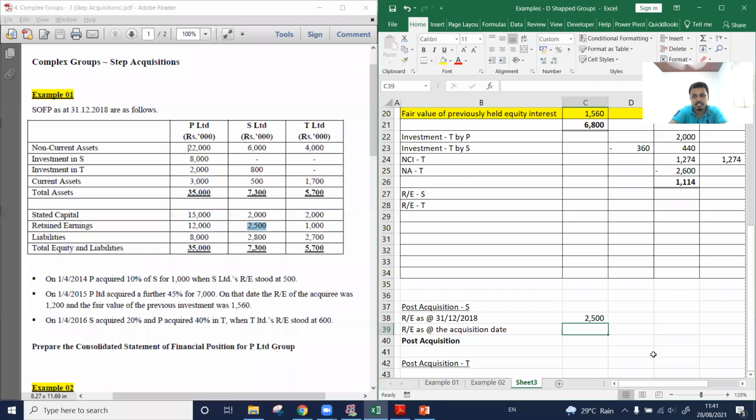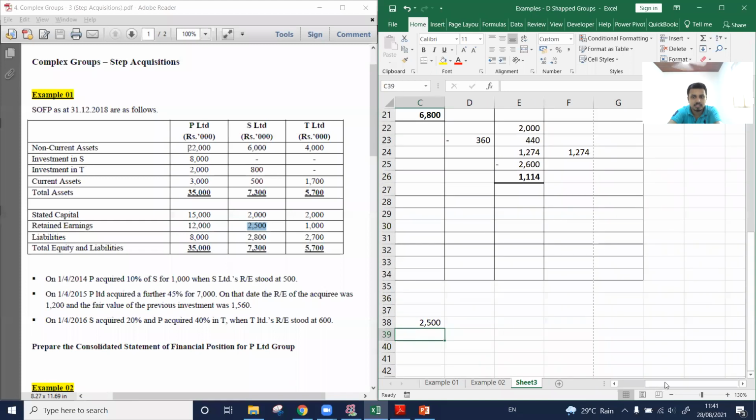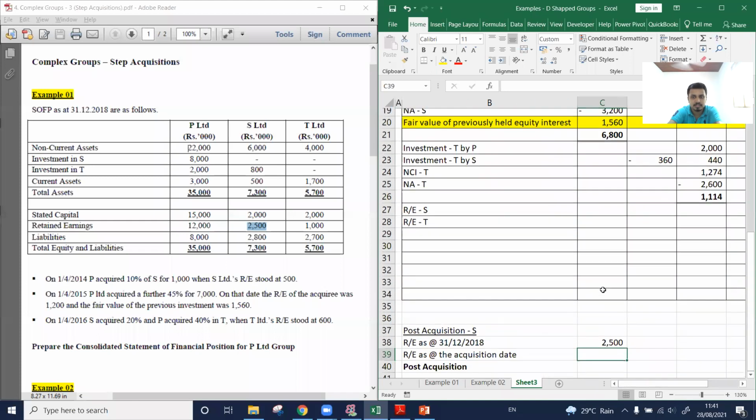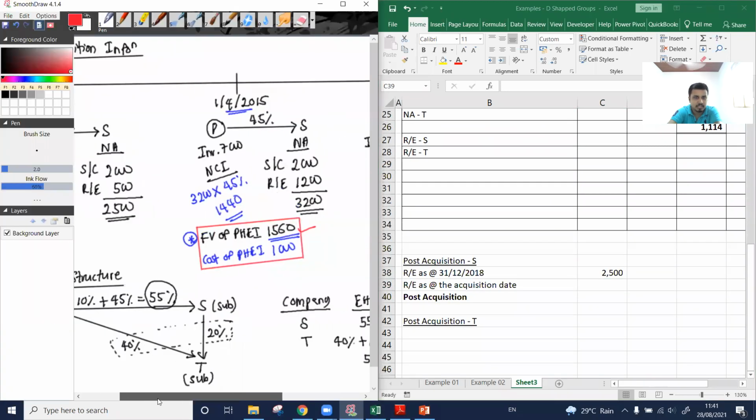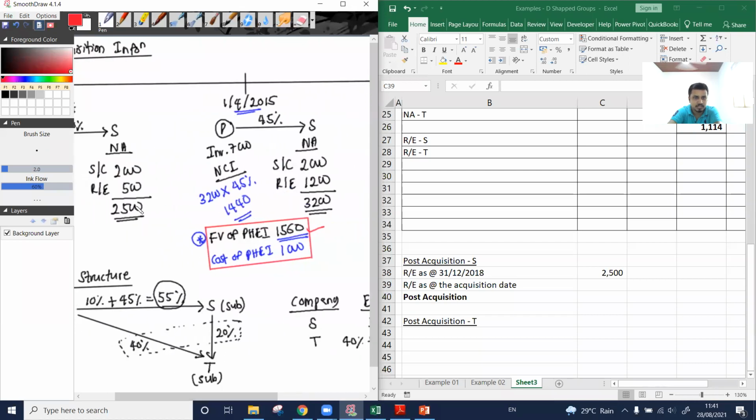What should be the figure here? Retained earnings as at the acquisition date is what? 500 or 1,200? Yes, 1,200 on this date, on 1st of April 2015 only.